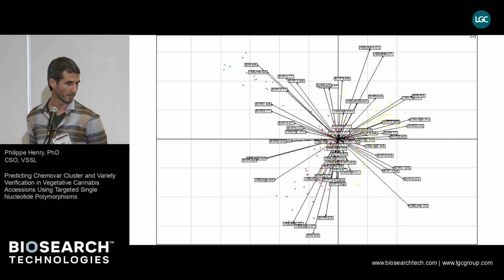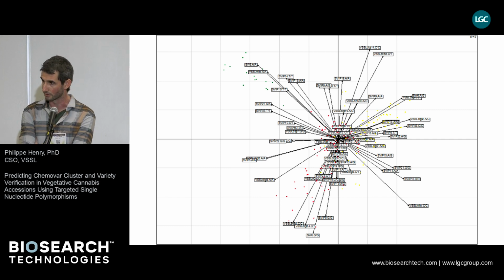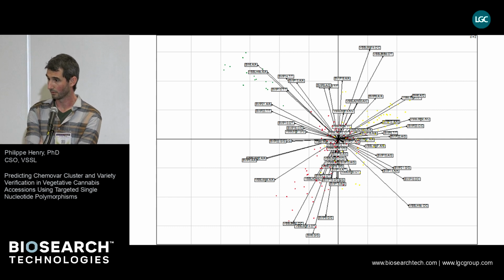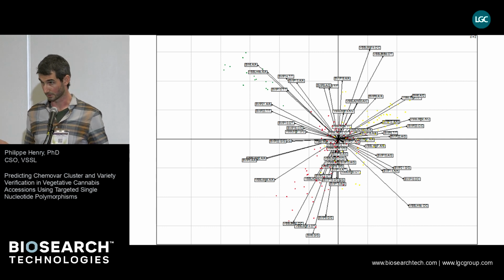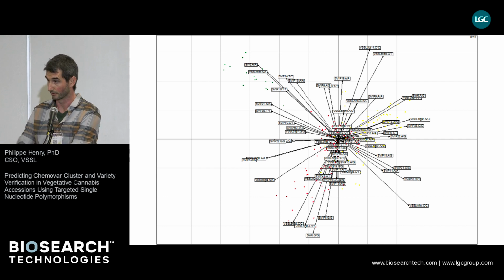As well as a mitochondrial marker. So that enables the identification of not only whether the plant is going to express CBD or THC, so whether it's a psychoactive or non-psychoactive variety, but also very targeted tests. We're using only 2 SNPs to tease apart CBD expressing fiber types versus CBD expressing drug types.